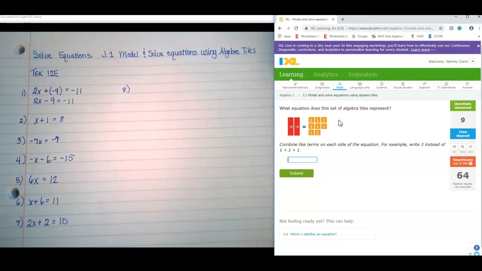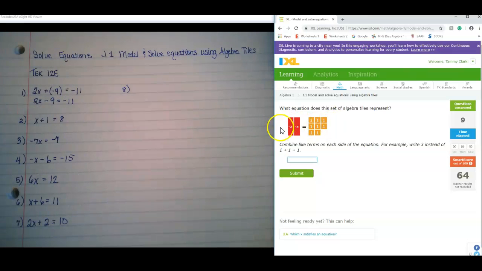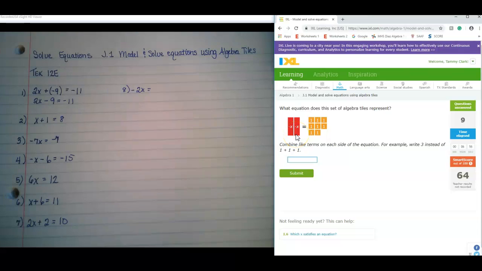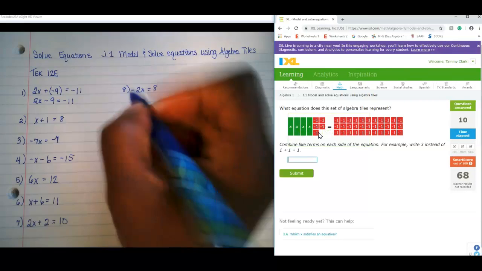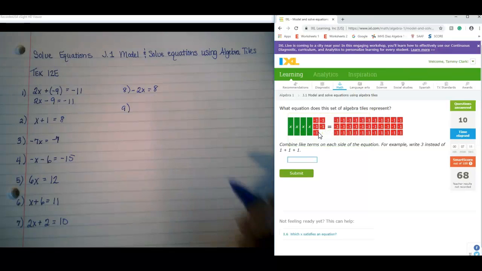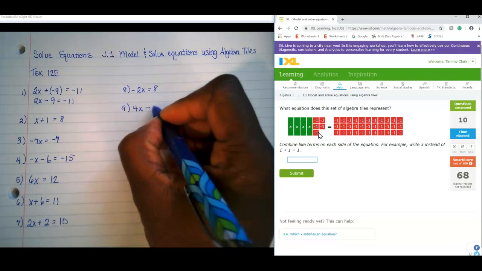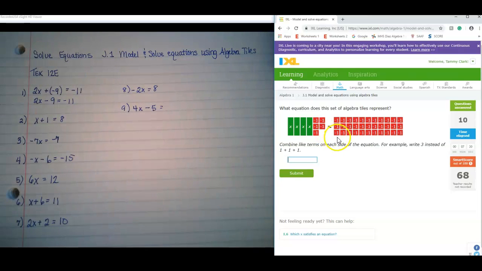Number 8, we've got 2 negative x's. So negative 2x is equal to, well, 3, 6, 7, 8, positive 8. Number 9, we've got 4 positive x's minus 5 equals 3, 6, 9, 12, 15, 18, 21, 24, 27, 30, 33.